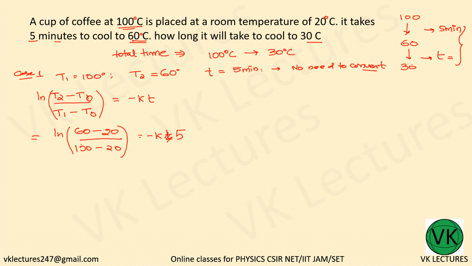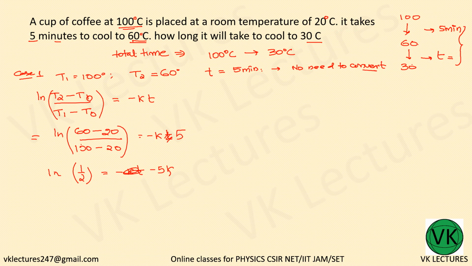So 60 minus 20 is 40, 40 by 80. So log of 40 by 80, which is nothing but 1 by 2, is equal to minus 5k.